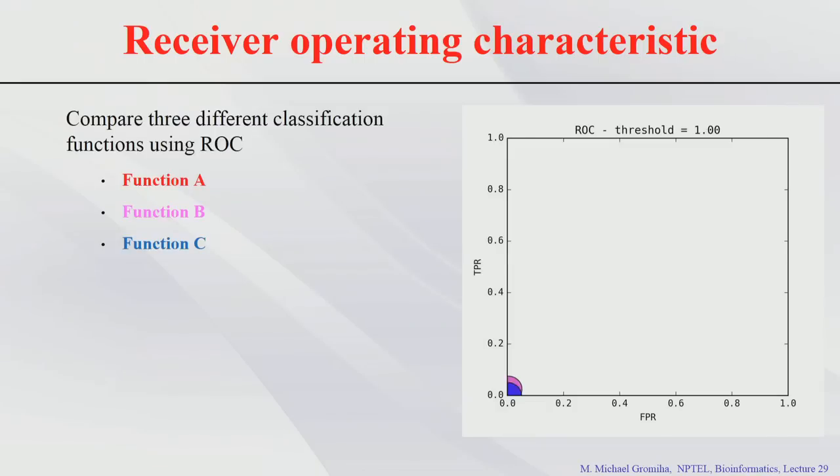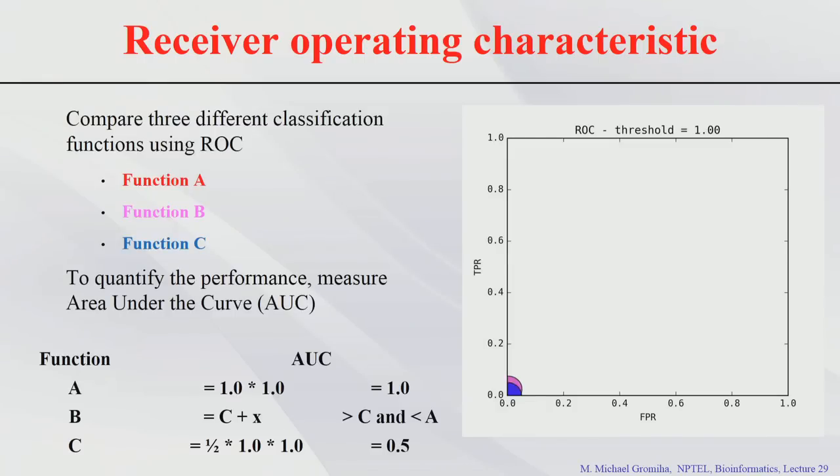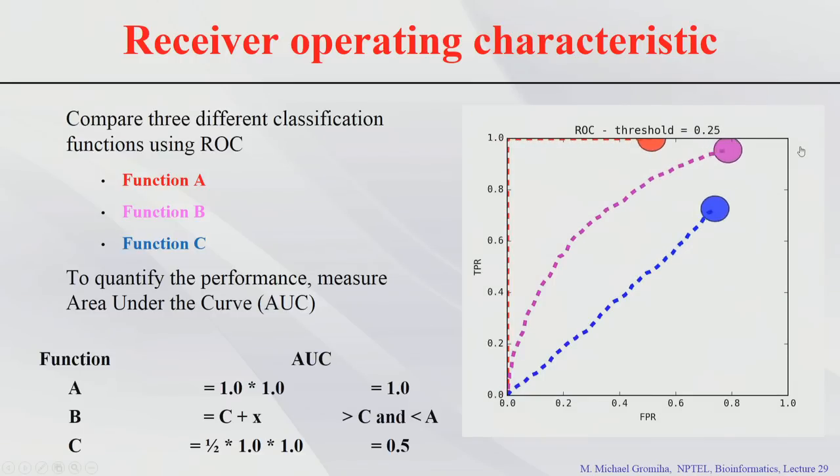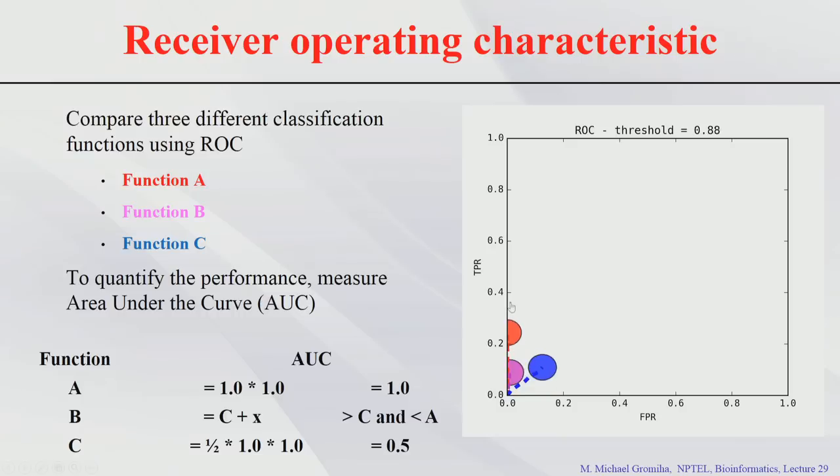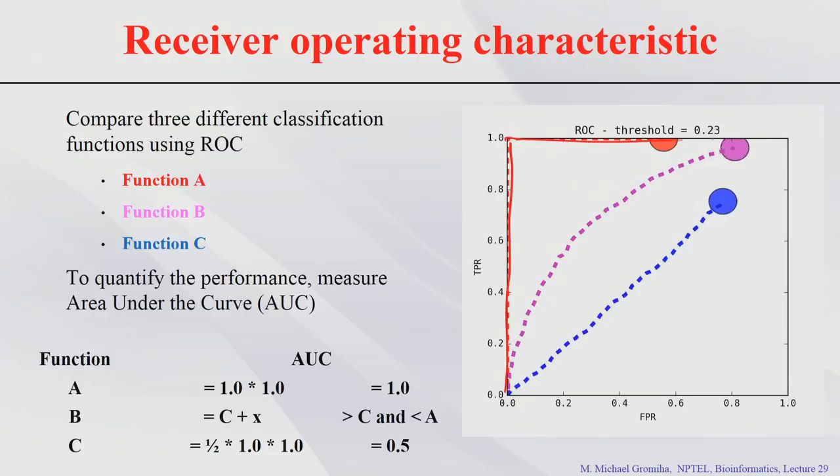For example, you have 3 different functions, 3 different colors here, and you can see how they go. With the red one, you can see this is completely straight, so it occupies the full space. So, for the red one, what is the AUC? It is 1, because the curve covers the complete space.